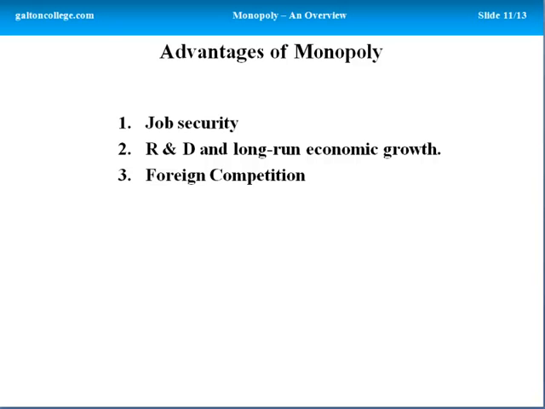So a country with monopoly and large investments in R&D and high rates of economic growth is perhaps in a better position to fight foreign competition. And also, monopolies can donate money to charities and to good causes. They've got excess funds, whereas perfectly competitive firms don't have the resources. They don't have the profits to do that.